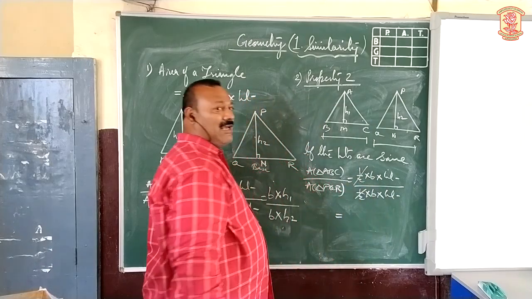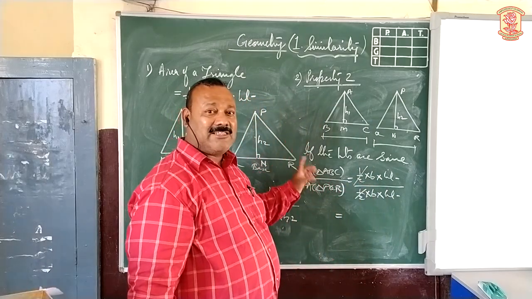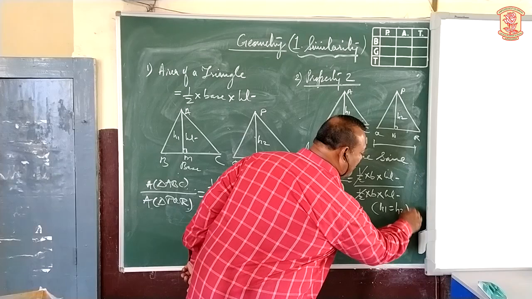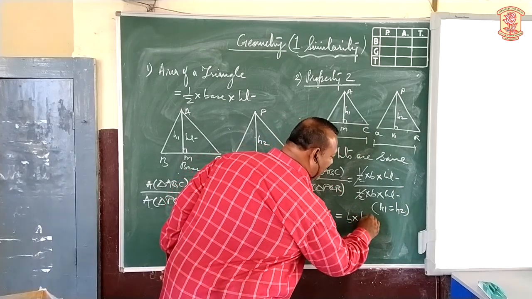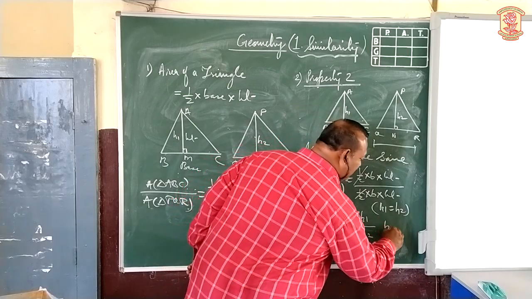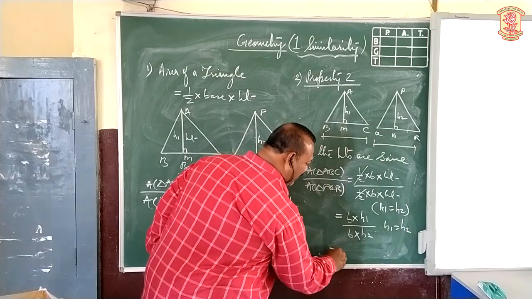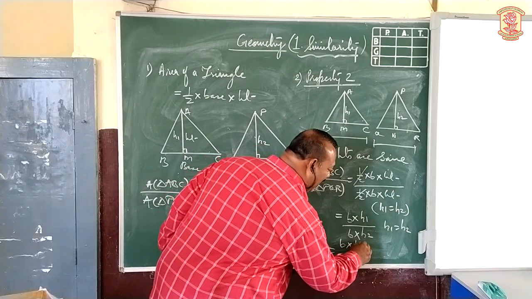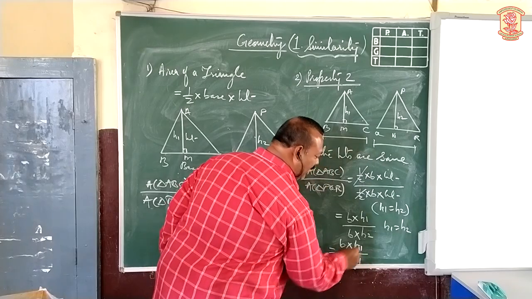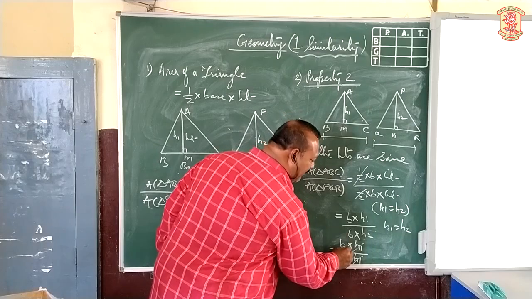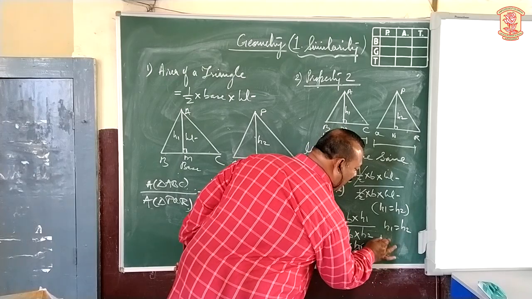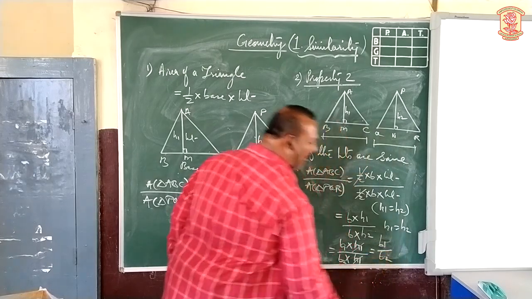But as we said in the beginning, their heights are equal, that is h1 equals h2, so base into h1 upon the base of the other triangle into h2. Since h1 equals h2, h1 and h1 get cancelled, and the bases can be denoted by b1 and b2. Therefore I get the result b1 upon b2.